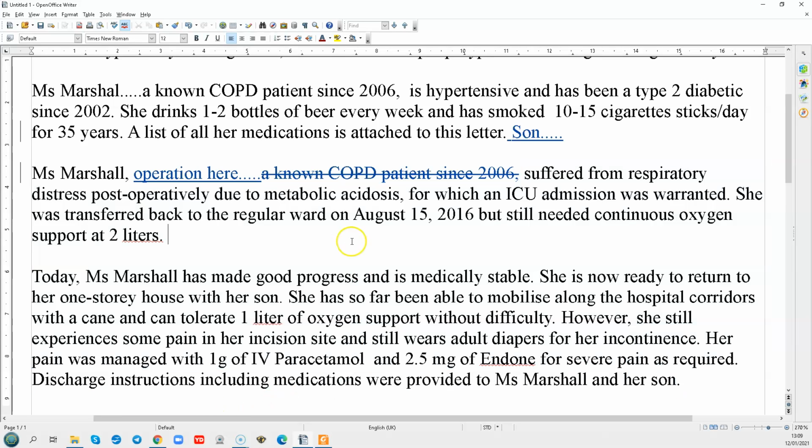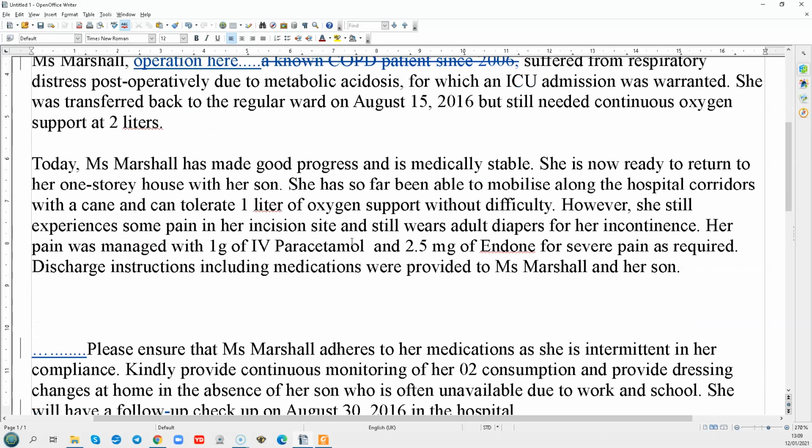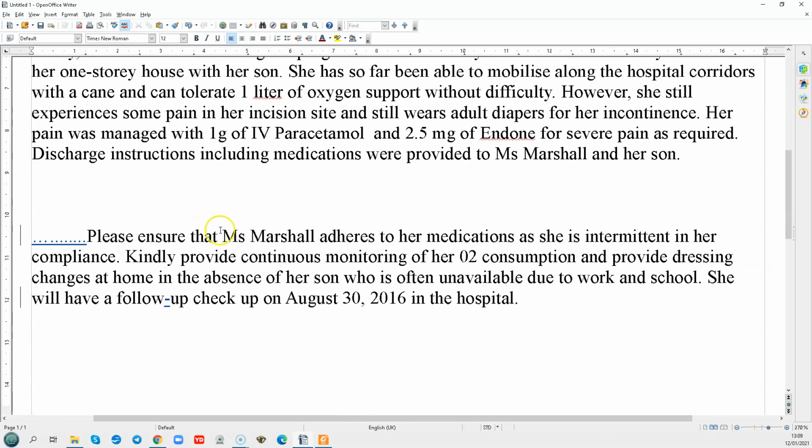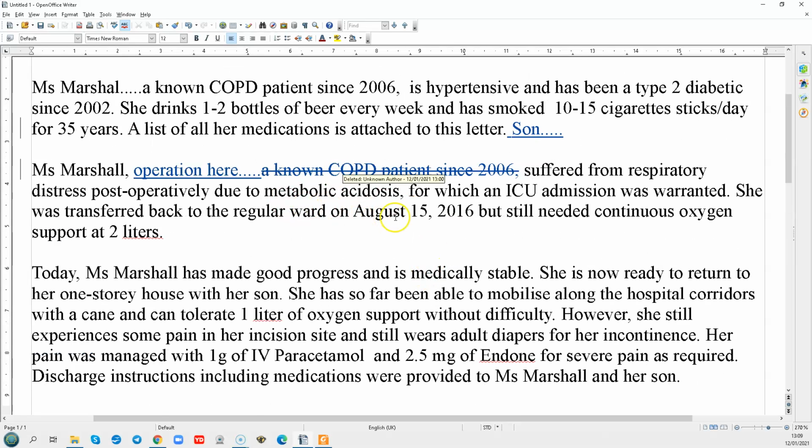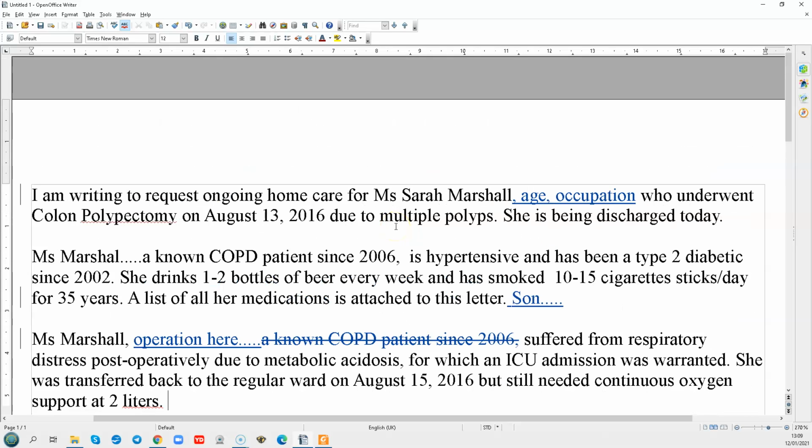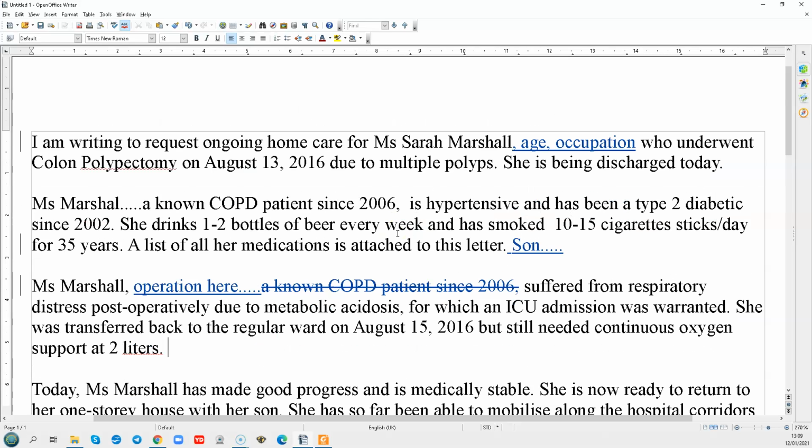Because you are writing and asking them to pay home visits, check your O2, meds, and change the dressing. So we don't really need all of this stuff about the operation and all this other stuff. And strictly speaking, if you're writing to them asking to pay a home visit, we don't really need that either.